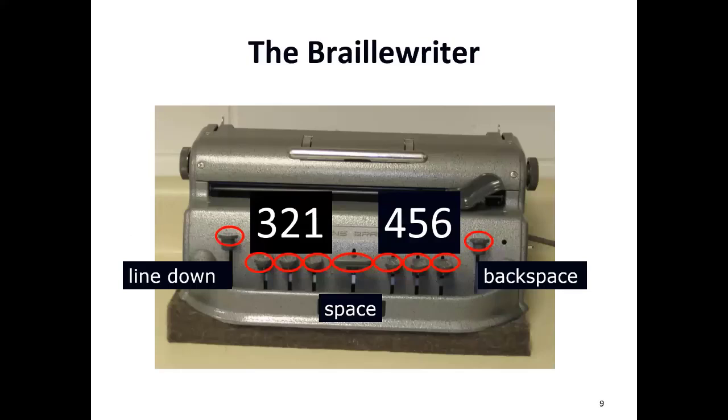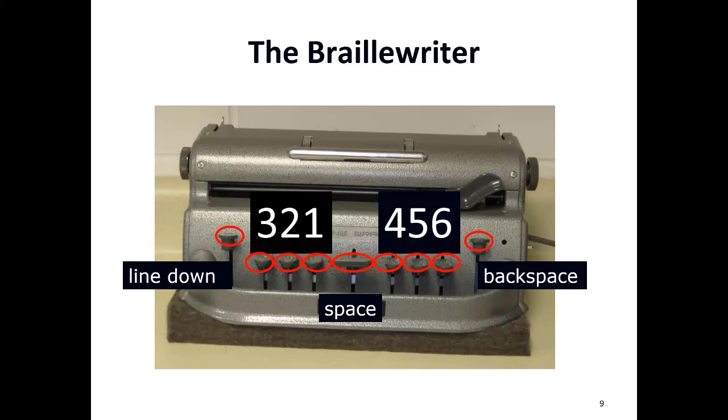A reminder of how the Braille writer works if you're using a Braille writer. The Braille paper is not quite square. It's a little bit wider than it is tall. And you want to put the wide part of the paper into the Braille writer first.